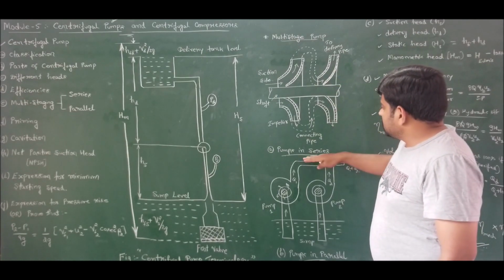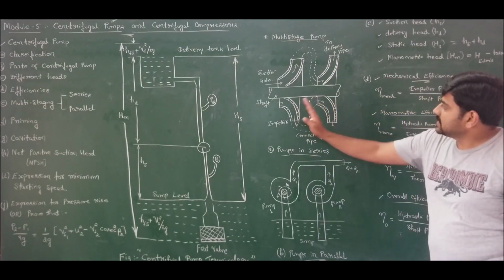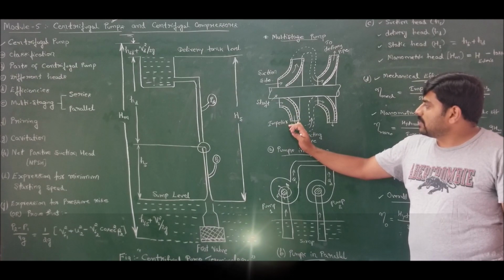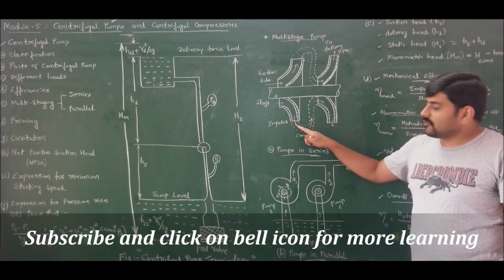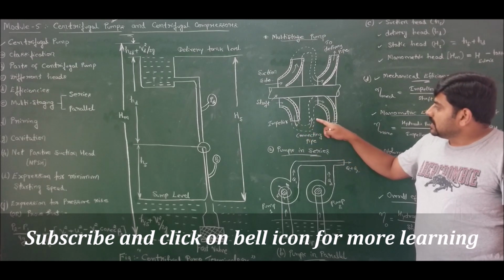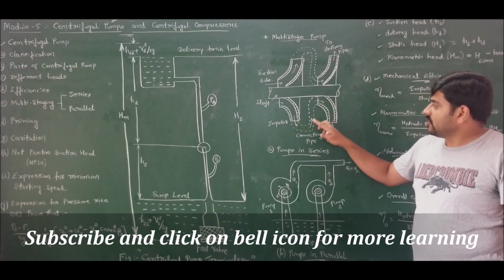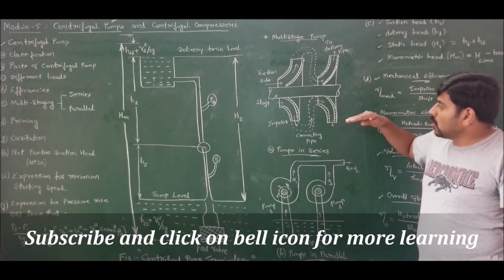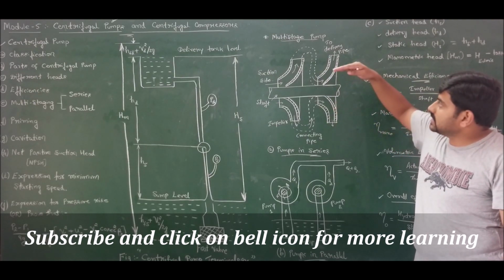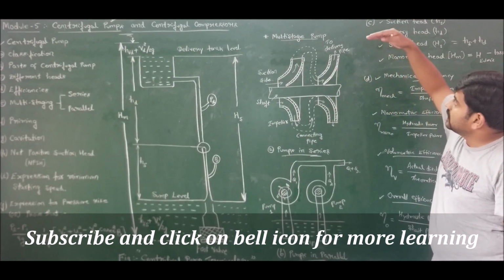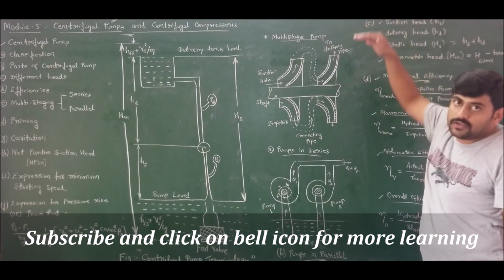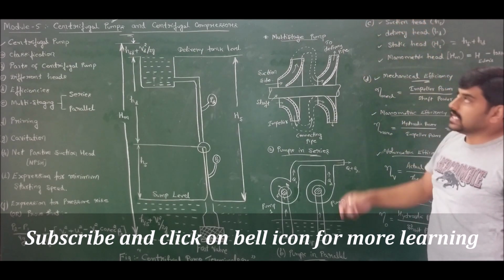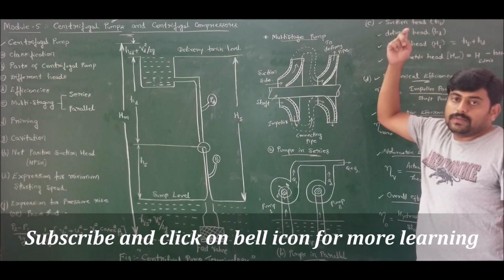If I connect pumps in series, that is, the exit of one pump is connected to the inlet of another pump, the outlet of the second to the inlet of the third, and so on, the head will keep increasing.